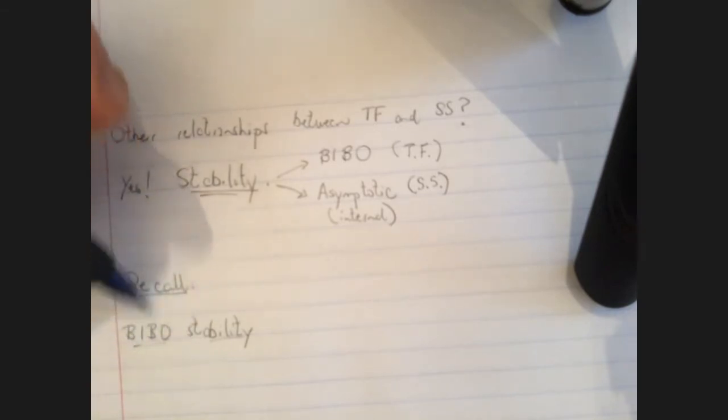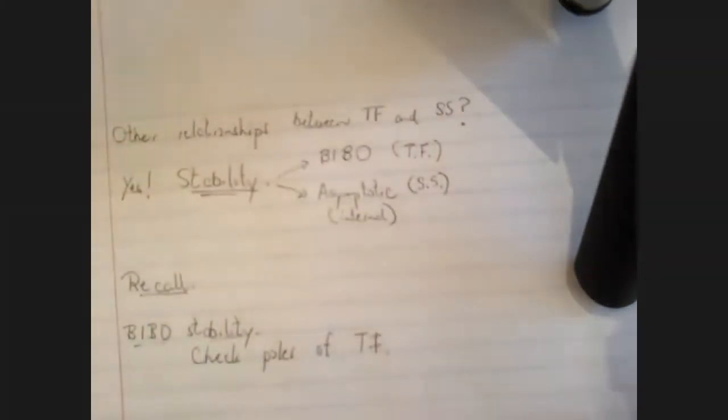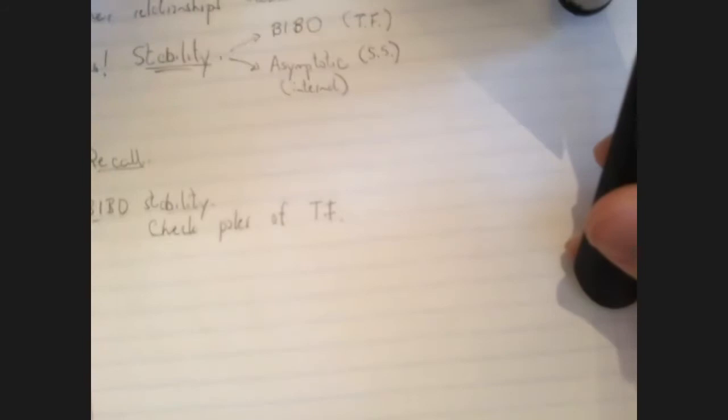Basically, if your input is not blowing up, can I guarantee that the output is not blowing up? And so what we would do is check the poles of the transfer function.